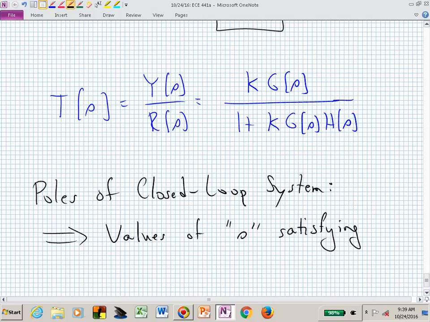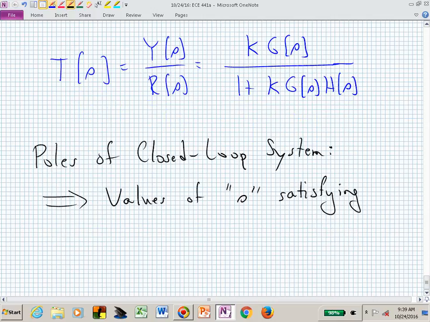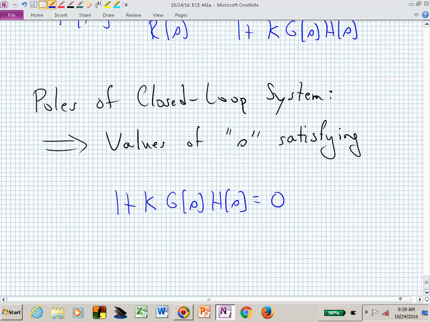What equation would produce those particular values of s from this information in the closed loop transfer function T of s? What governs my closed loop poles? What piece of this? The denominator. So now I can just set my denominator equal to 0. And that will now be my values of s that satisfy this equation. Those are my closed loop poles. And we'll call this our characteristic equation.